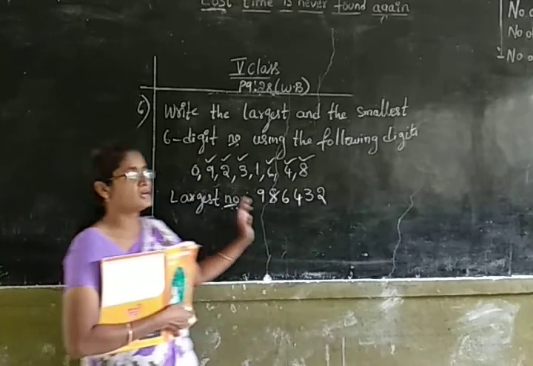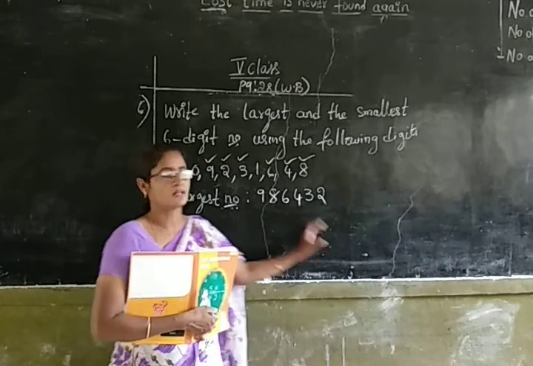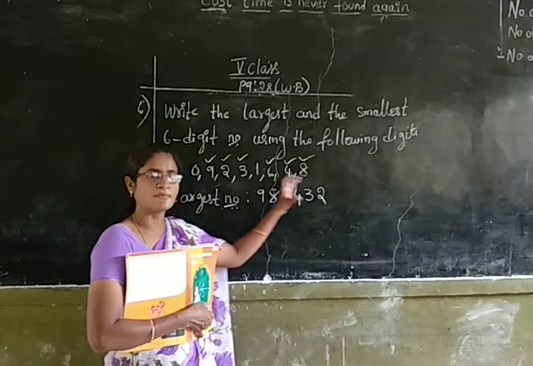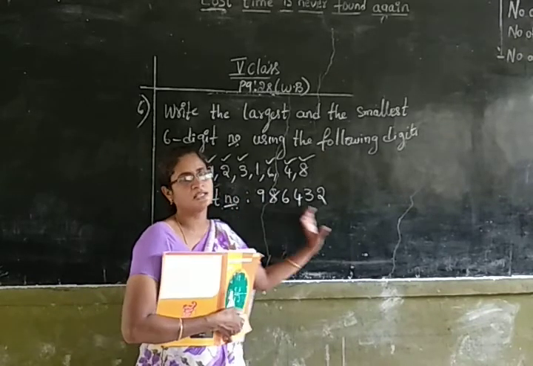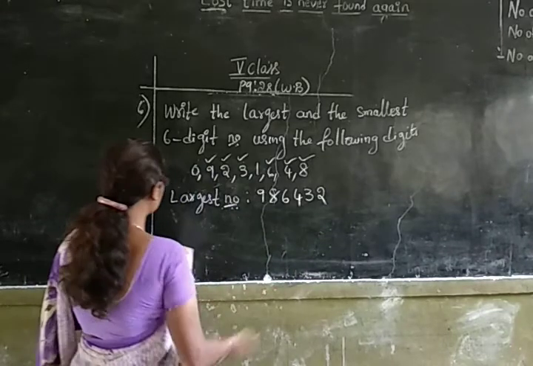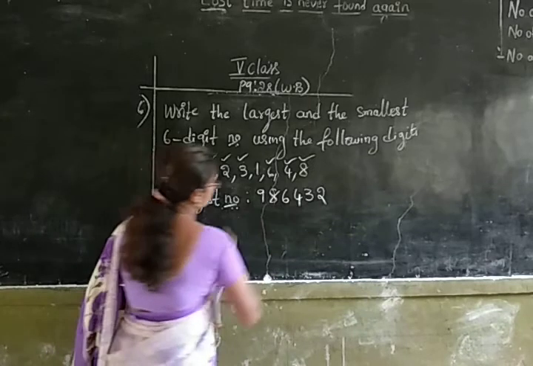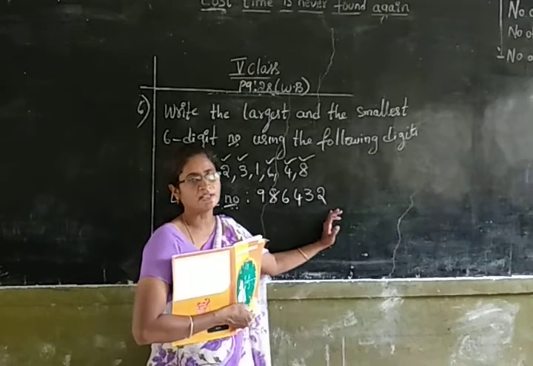For writing the largest number, you have to arrange the given digits in descending order. Here I have selected the 6 largest numbers from the given digits and then I have written them in descending order. This is the largest number.